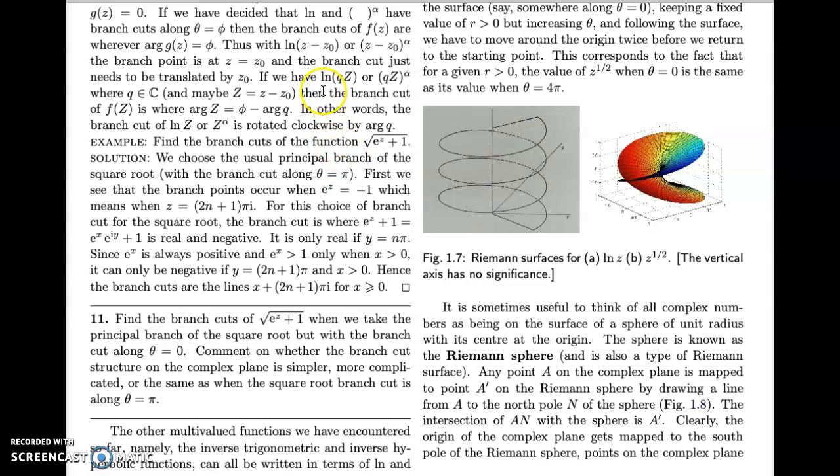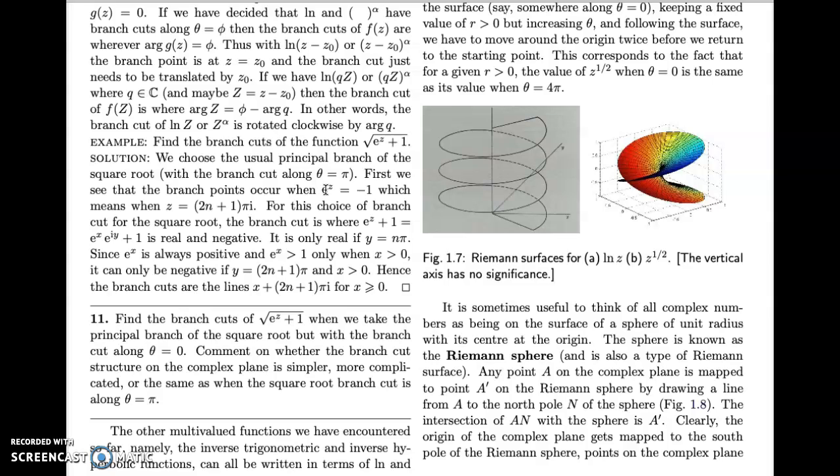So, as suggested, we first find the branch points. The branch points will occur when the thing inside the square root is equal to 0. This is equal to 0 when e to the z is equal to minus 1. Now, when is e to the z equal to minus 1?